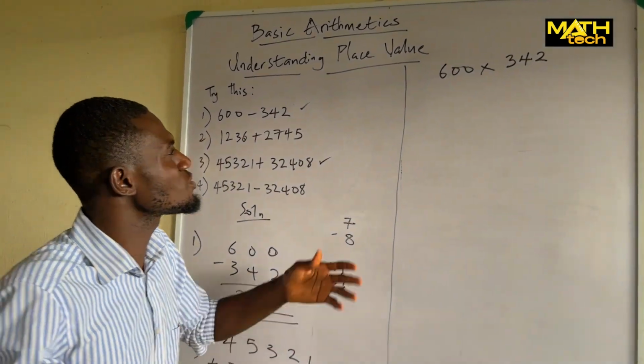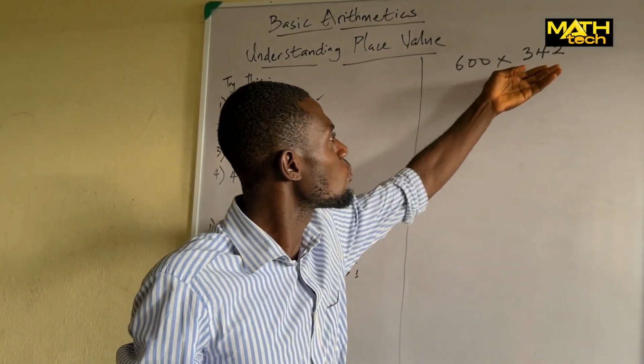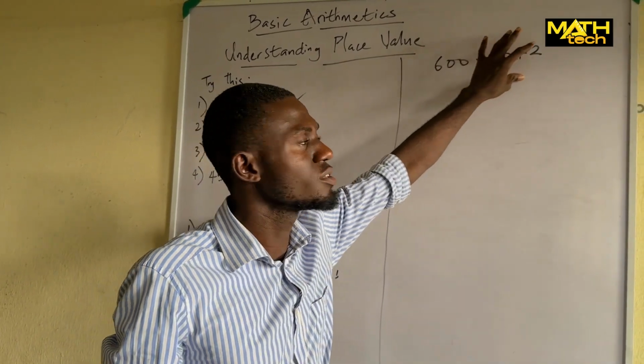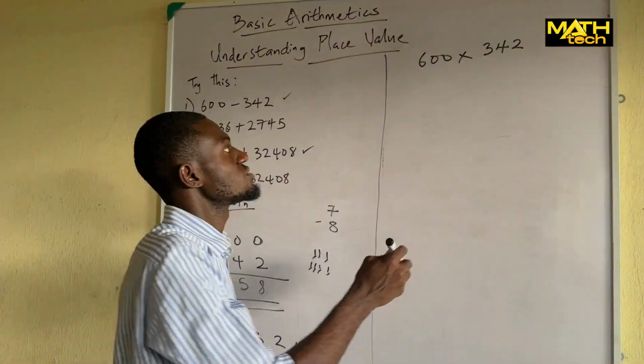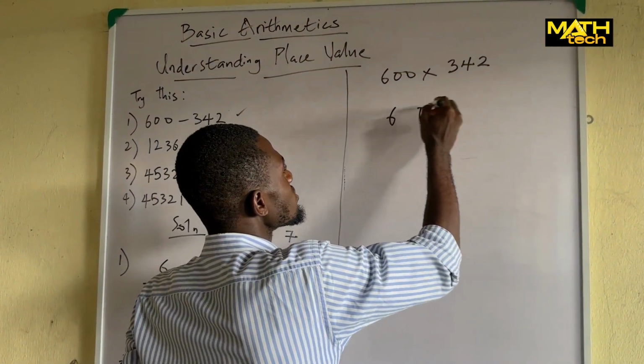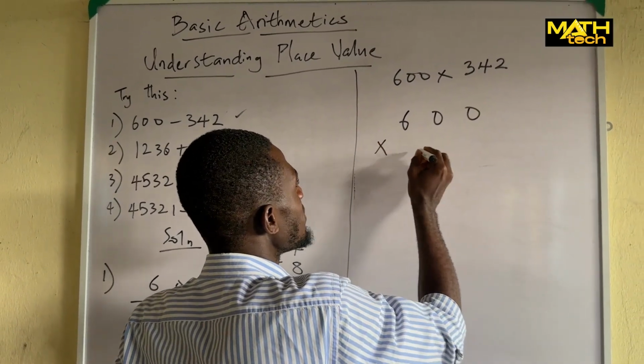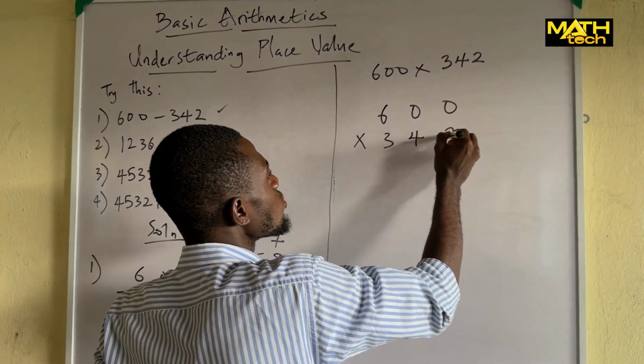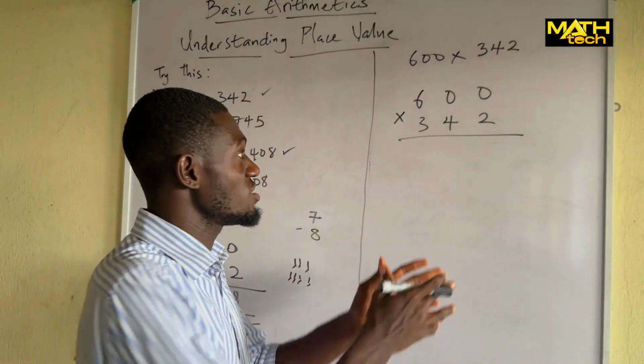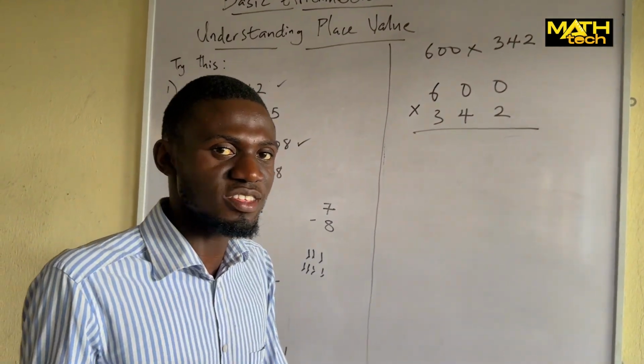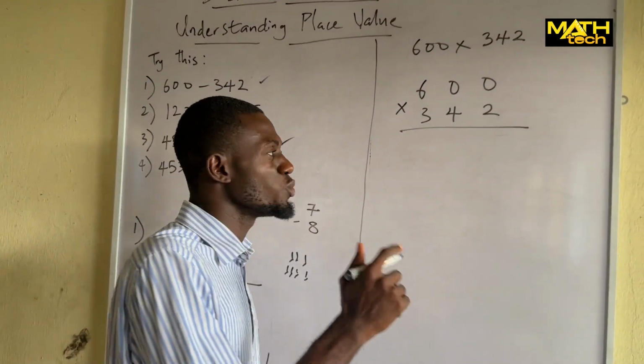Now, someone is being asked to multiply these large numbers. So we say 600 times 342. I'll solve this for you and I will explain the steps. But watch what I'm doing.